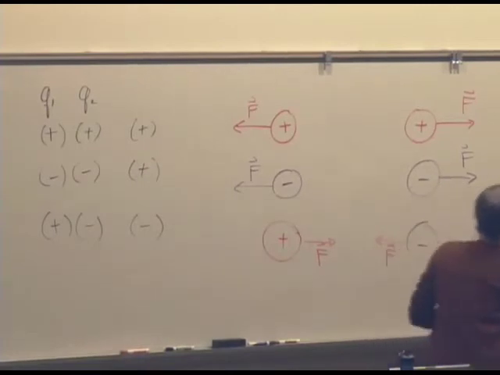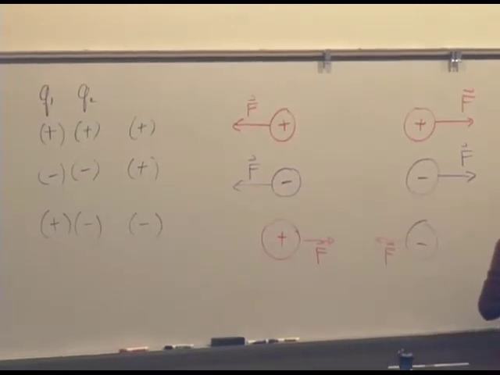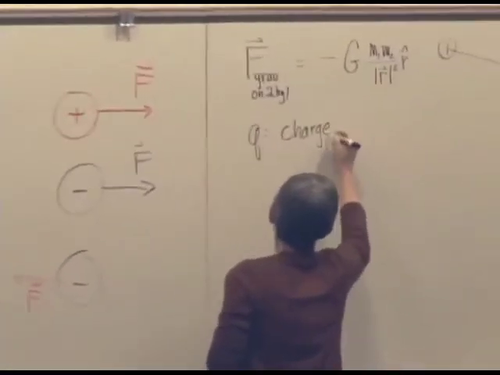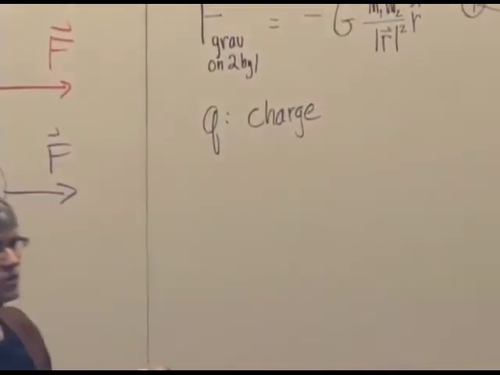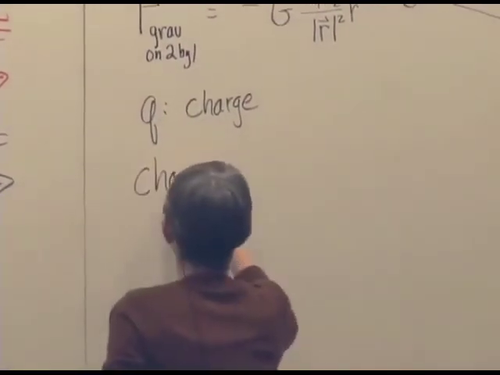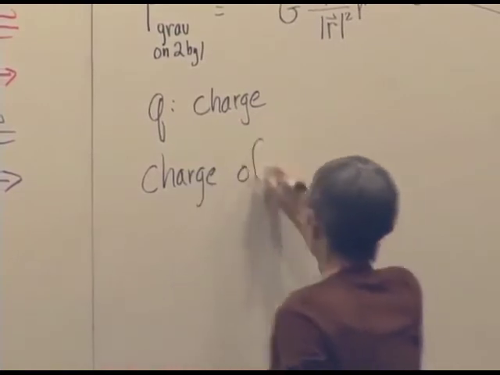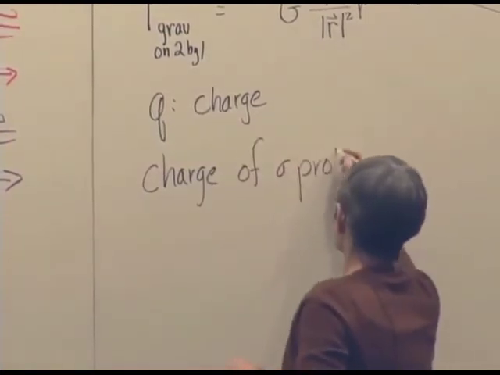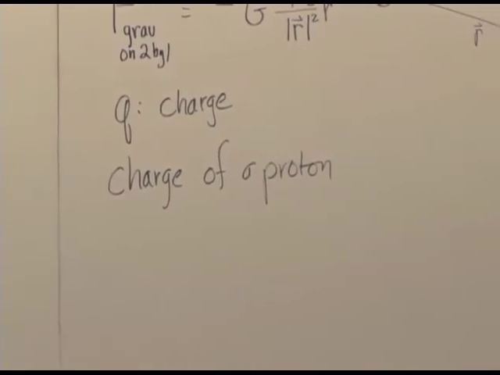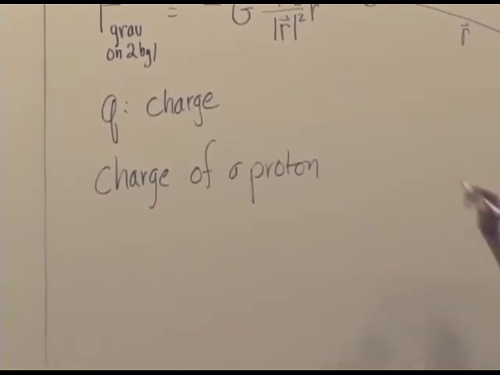The charge of a proton. So Q is a variable representing charge. The charge of a proton is a constant whose symbol, we run out of letters in the alphabet all the time.